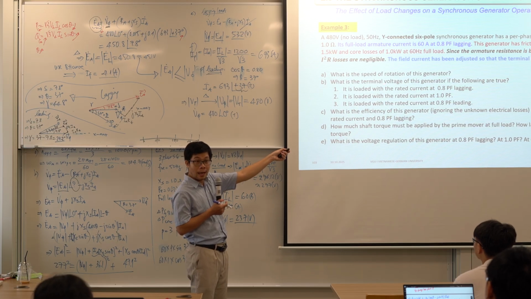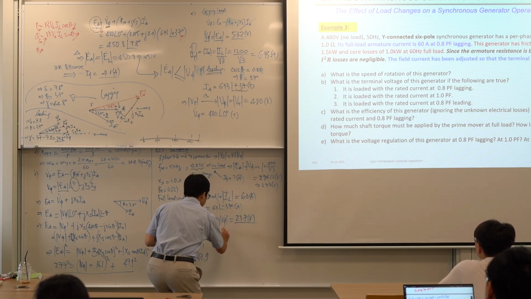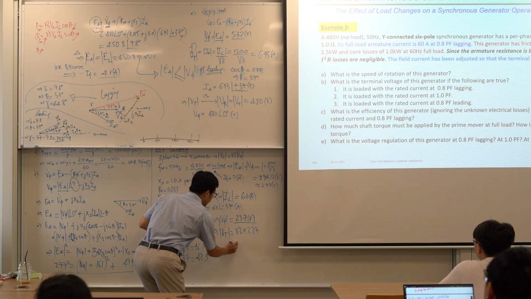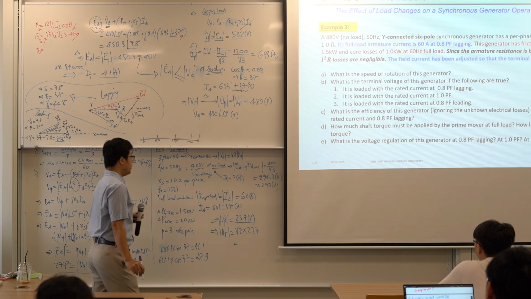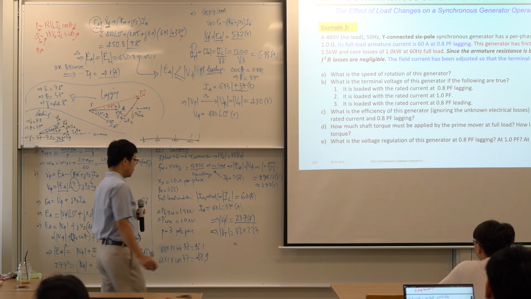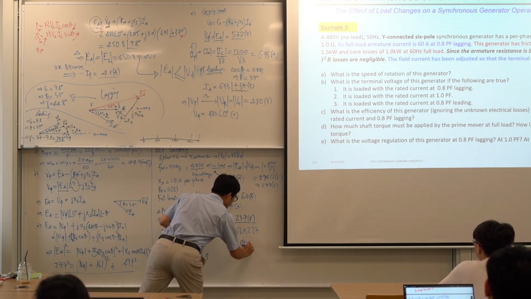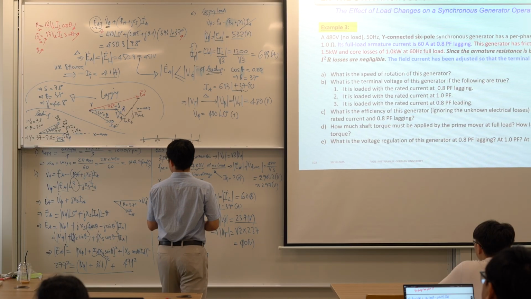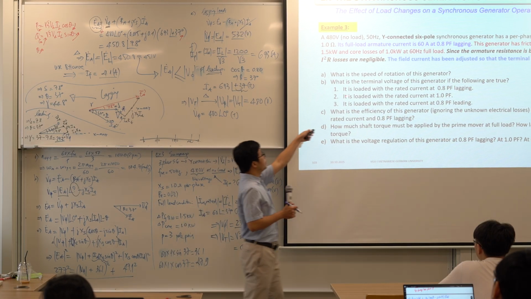That means line voltage. So we can get VT is what? Is square root of 3 times 237 because this is Y connection. How many? 410 volts. Yeah, finish for this case.